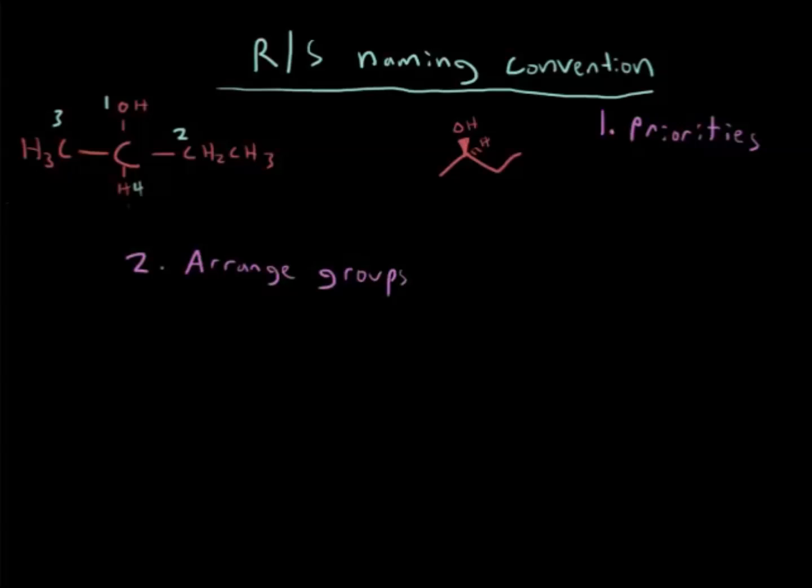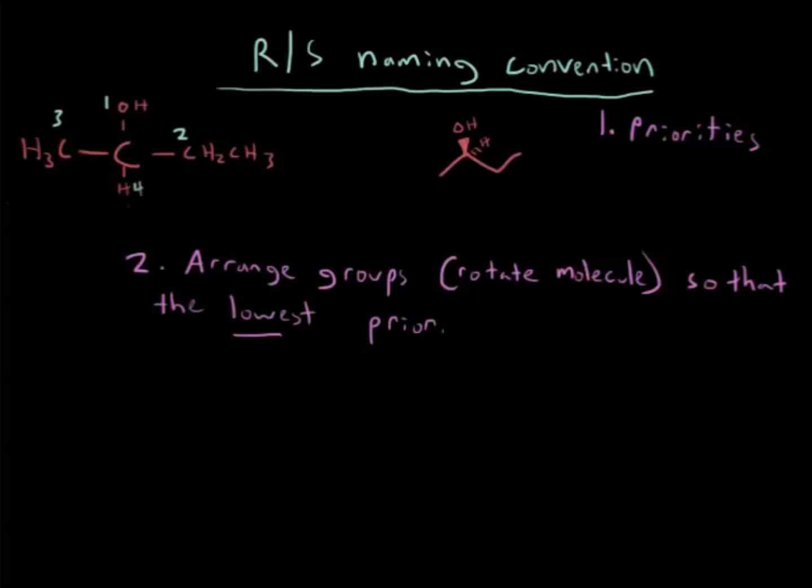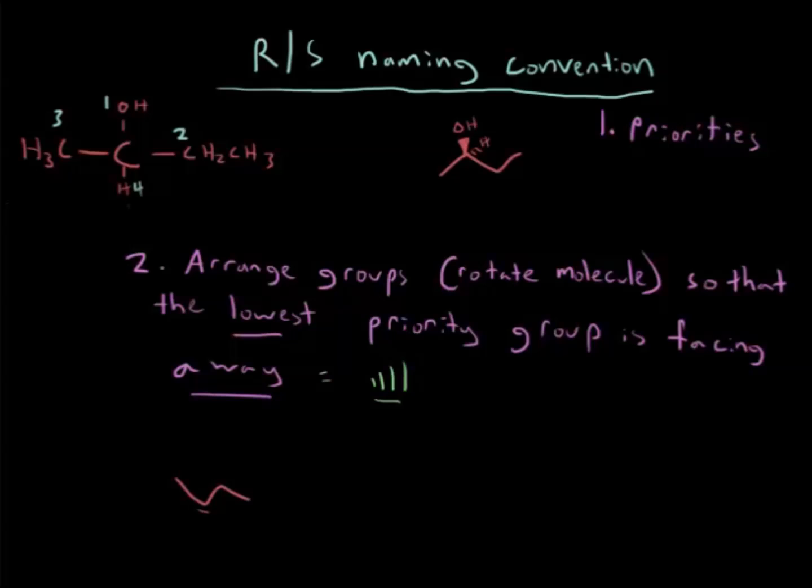Step 2 then is to arrange these groups, or I guess really rotate the molecule, because we can't just shift groups around or else that's a different stereoisomer. We're going to rotate this molecule so that our lowest priority group is facing away from us. That's this dotted line, which we've already done, but let's say we hadn't. Let's draw this upside down here with this hydroxyl group facing away, hydrogen facing towards us.